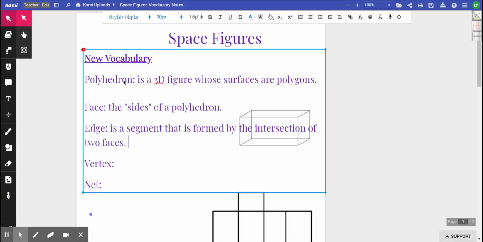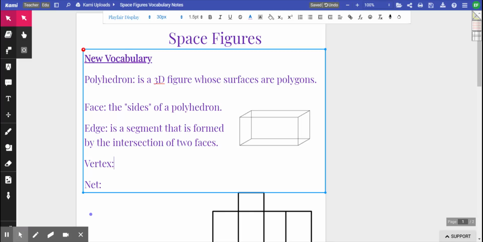We haven't talked about intersections in a while, but an intersection is any place where the 2 faces connect to each other. So along this line here, this segment, that would be considered an edge of your shape. Same idea down here where the front and the bottom meet each other. That line segment, that intersection, is considered an edge of the shape.